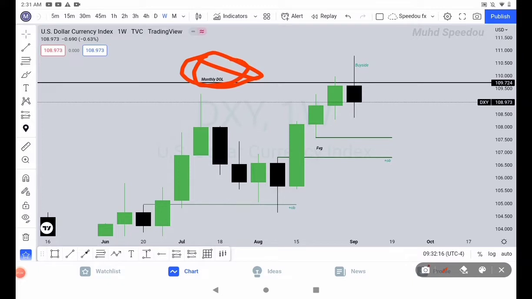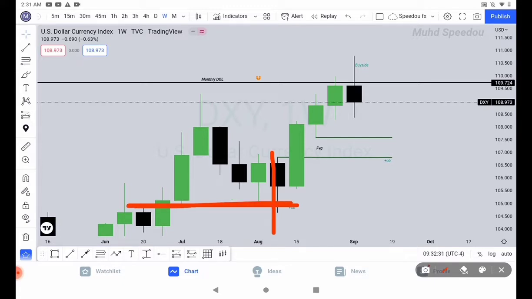Before then there was this bullish order block that price came to in August and respected. It found support on this order block, and then price delivered directly towards this monthly draw on liquidity, and the buy side liquidity was taken.